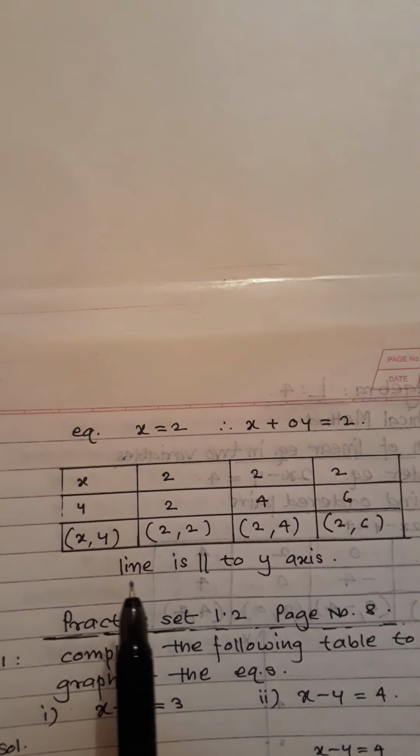Okay, so substitute y is equal to 2, x is equal to 2. If you substitute y is equal to 0, okay, so in this way you find ordered pairs. So remember, in this case x is throughout the same. Now if you draw this line on graph paper, you find that the line is parallel to the y-axis. Okay, remember this point.